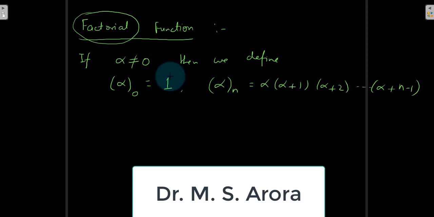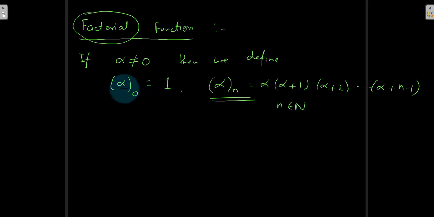So this is the factorial function, for n being a natural number, and alpha must not be equal to 0.